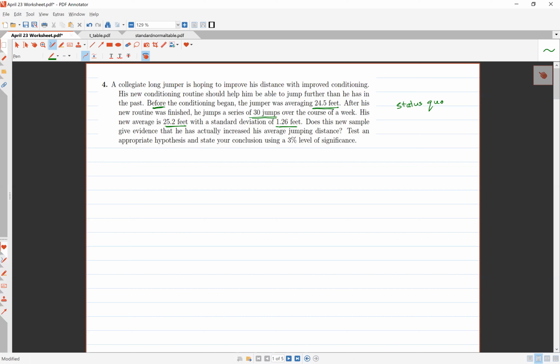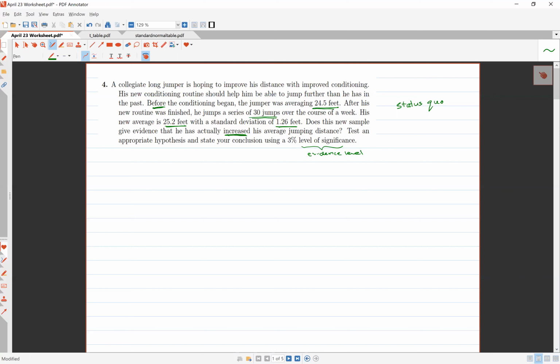And we want to establish here whether the new sample gives any evidence that he has actually increased his average jumping distance. And again, directional words like increased tend to be important here. You can see here we get asked to do a hypothesis test at a 3% level of significance. Remember, that is also an evidence level.